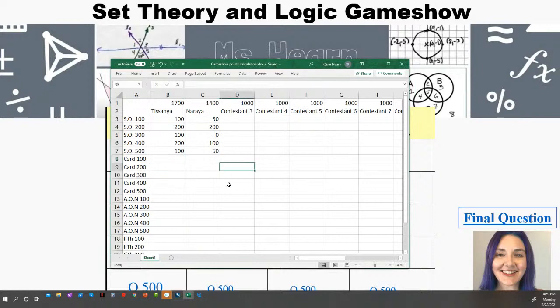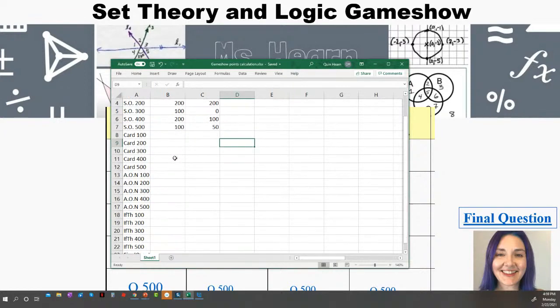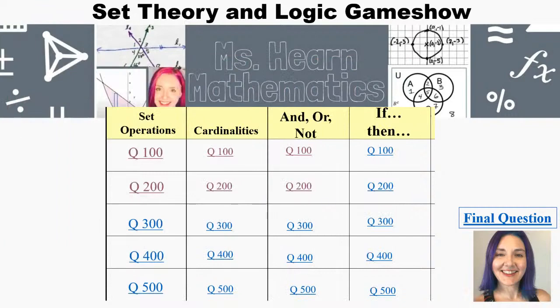Oh, I'm in the wrong place, aren't I? Oops. I forgot I had these. Let's see. I'll just put it here. Okay. So which category? Let's let Nasania pick this time.